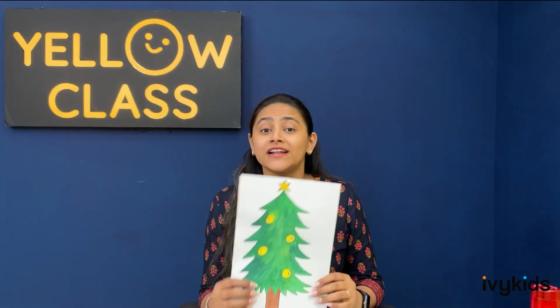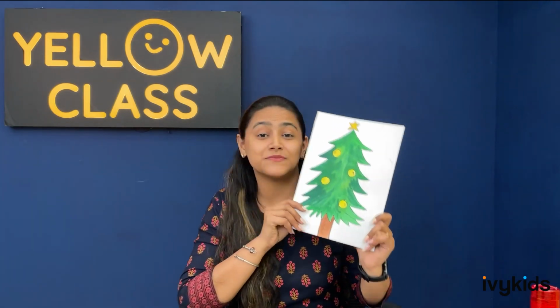X is for Xmas tree. Y is for yellow. And Z is for zero. I hope you enjoyed this song with me.